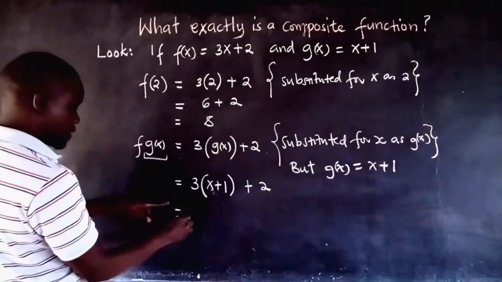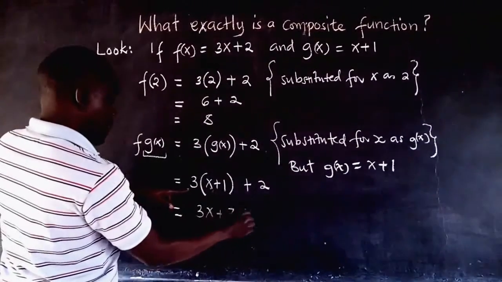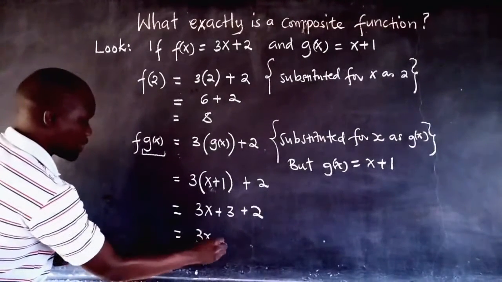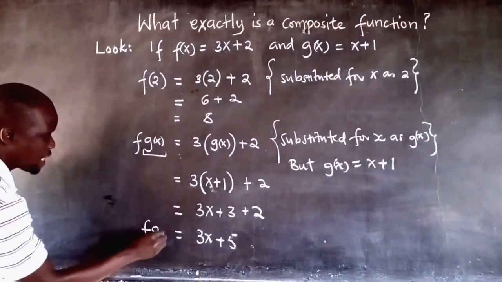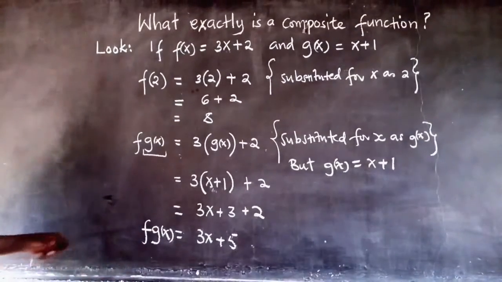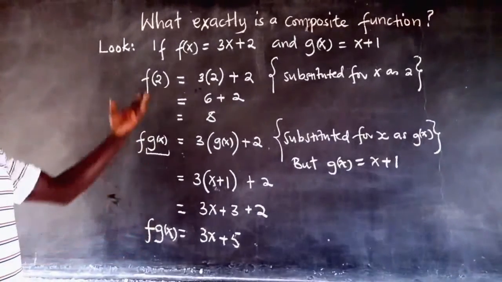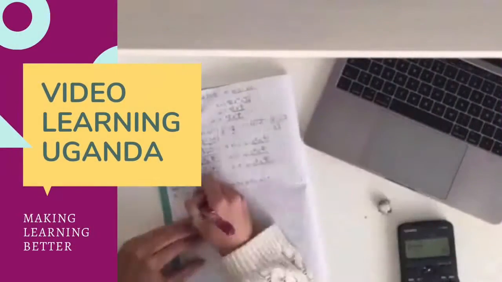This will give us 3x here, you get 3 plus 2, giving you a composite function of 3x plus 5. So that is the fg of x. So this is how we get or derive a composite function from given functions.